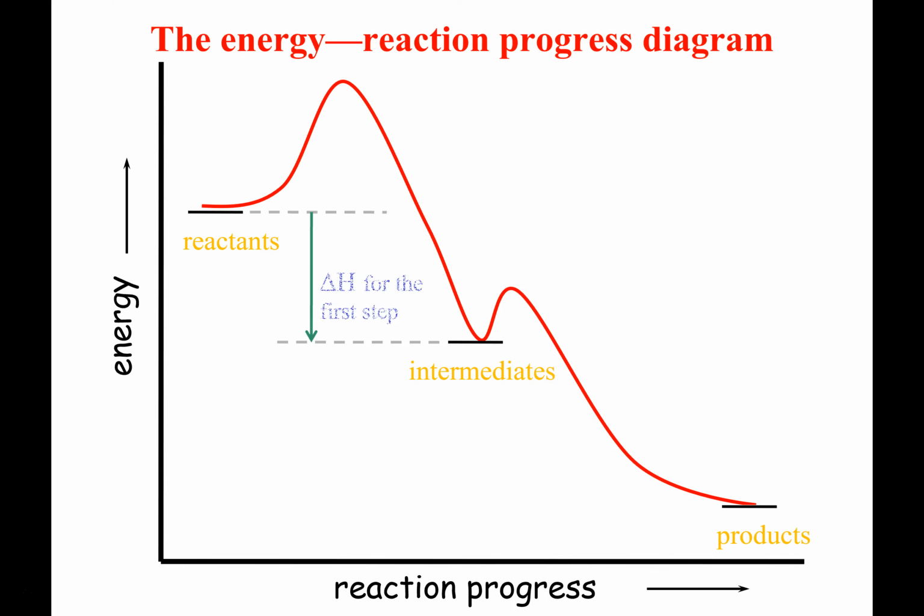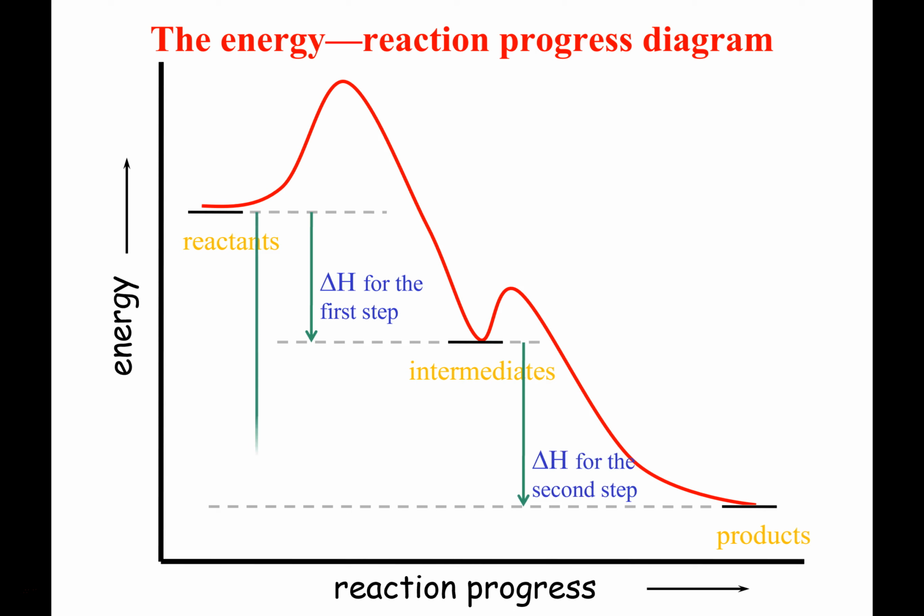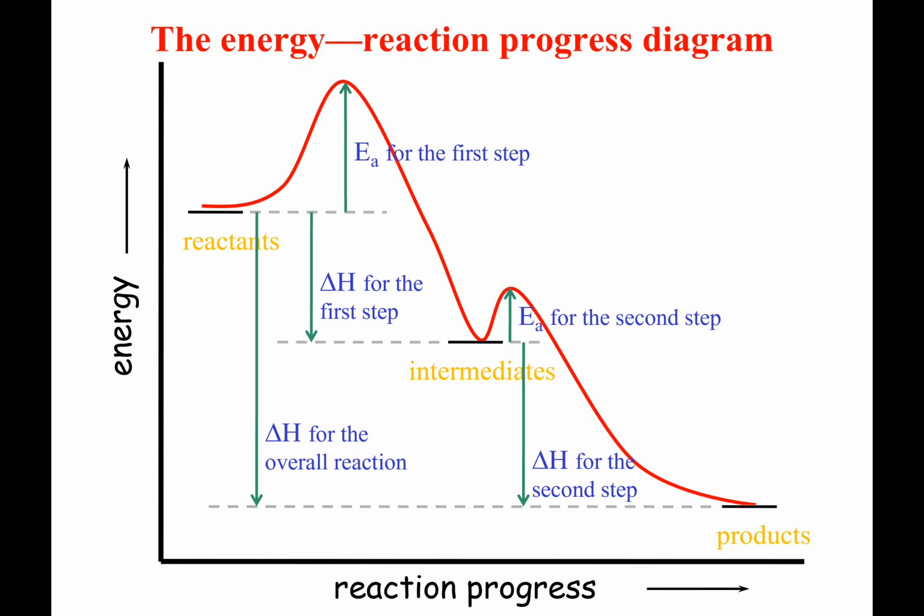So this would be the change in enthalpy for the first elementary step, this would be the change in enthalpy for the second elementary step, and this would be the overall change in enthalpy. That hump is the activation energy for the first step, and this little hump is the activation energy for the second step.